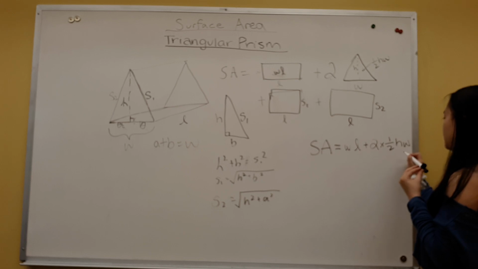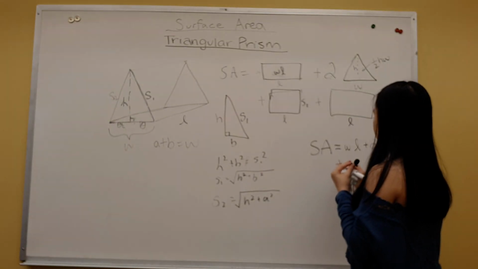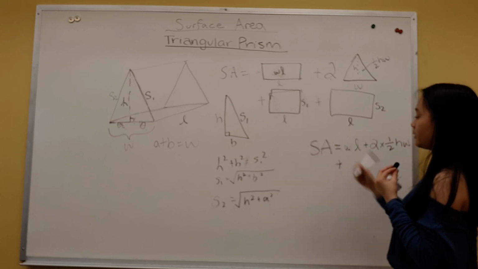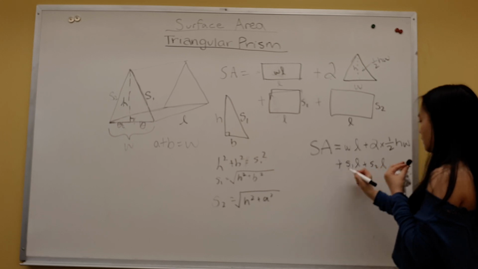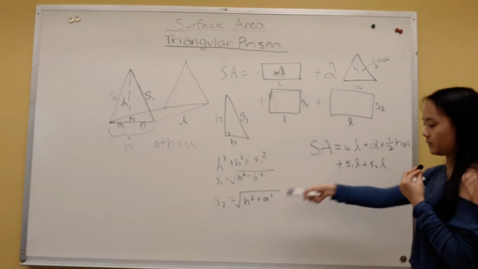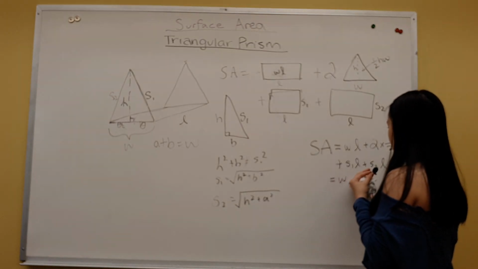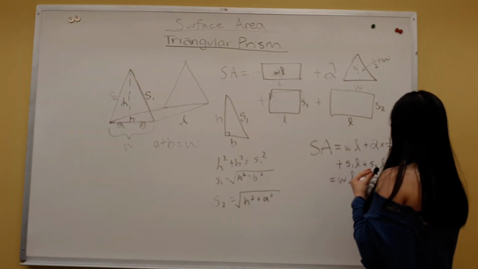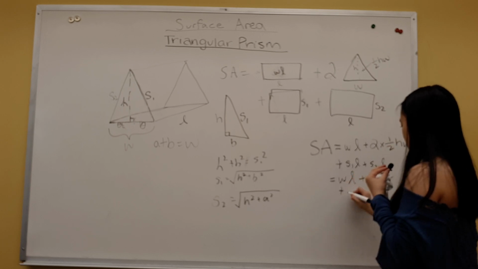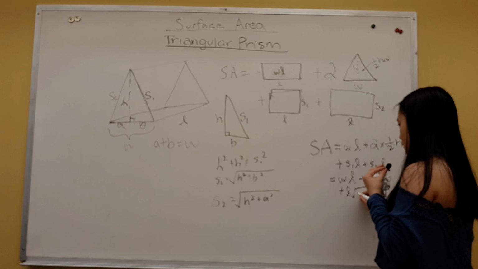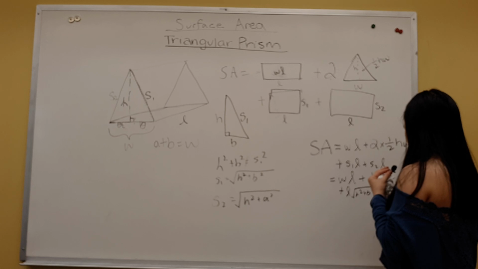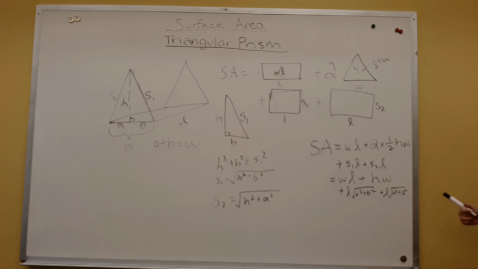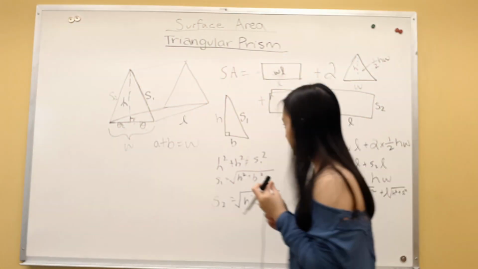We can cancel this out to just be plus HW, plus these two areas, so slant 1 times L, plus slant 2 times L. And we could simplify this slant even further to its components. So that's the final surface area of the triangular prism.